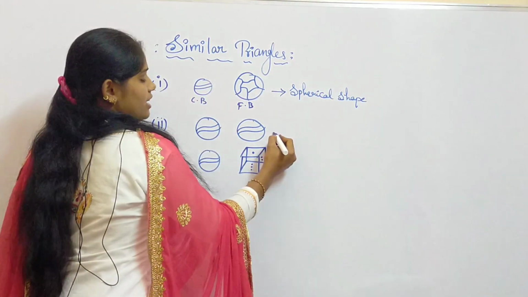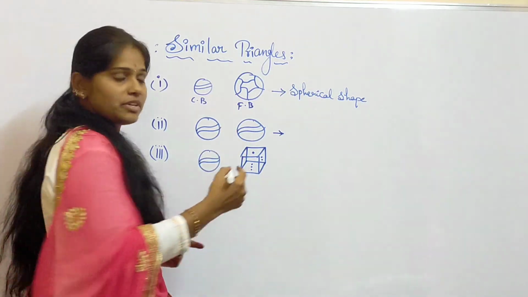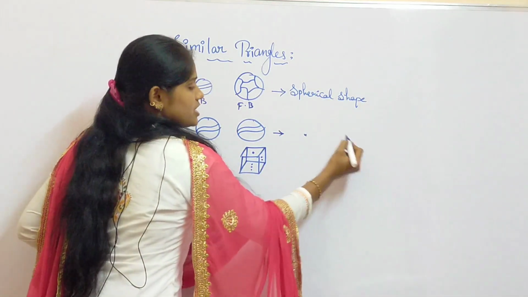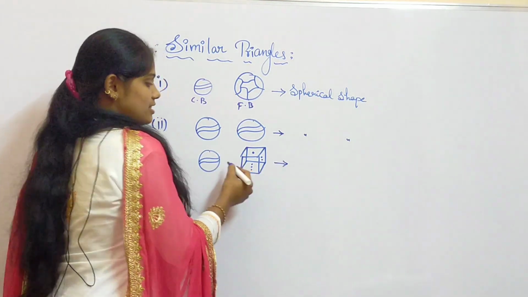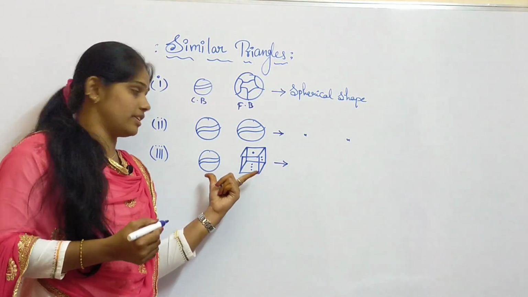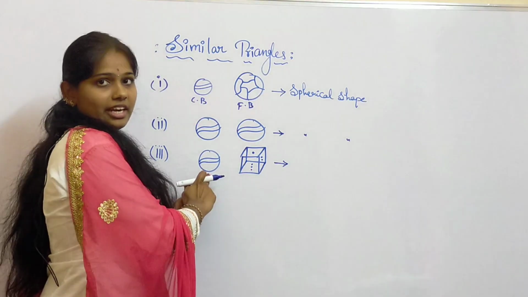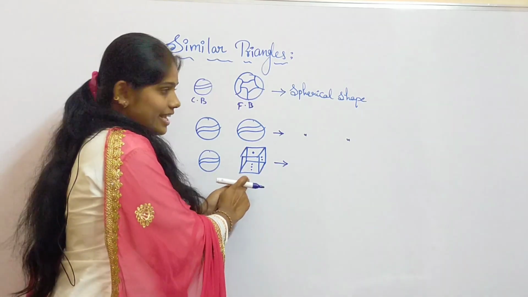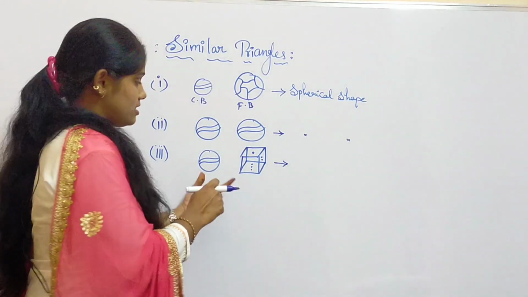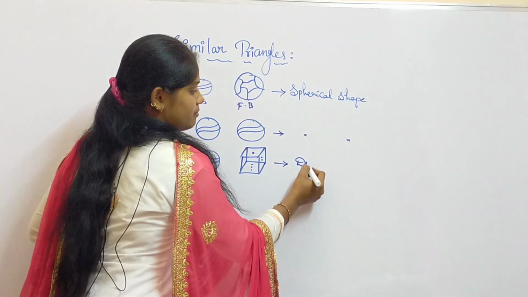And in the second case, both the cricket balls are also representing a spherical shape. But when it comes to the third case, are these of the same shape? No. The cricket ball represents a sphere, and the dice represents a cube. The two shapes are different.